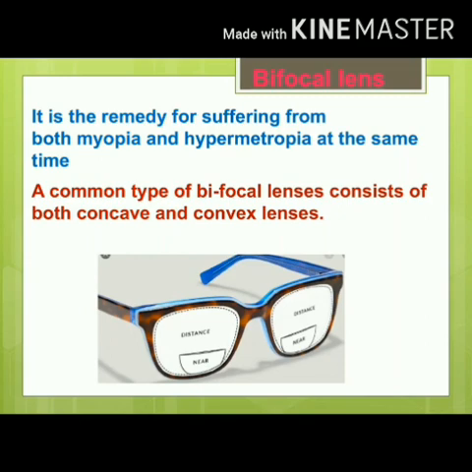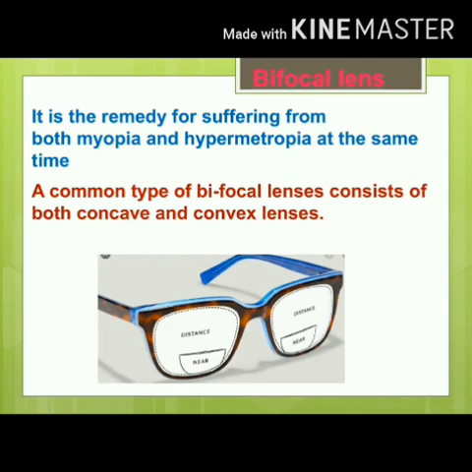So generally we look forward when we wish to see something further, so we need to put the concave lens on the upper part of the glass so that we can watch the further object with that concave lens, and it is solving the problem of myopia.